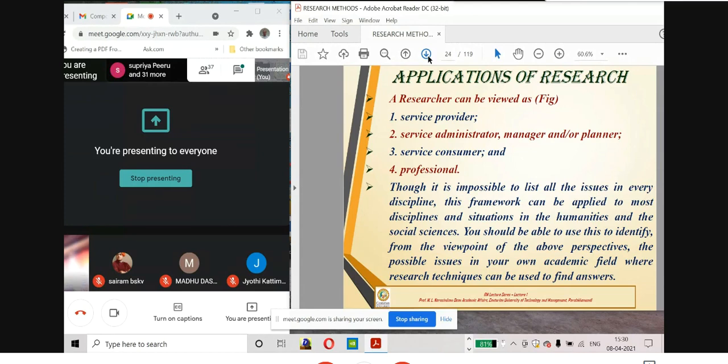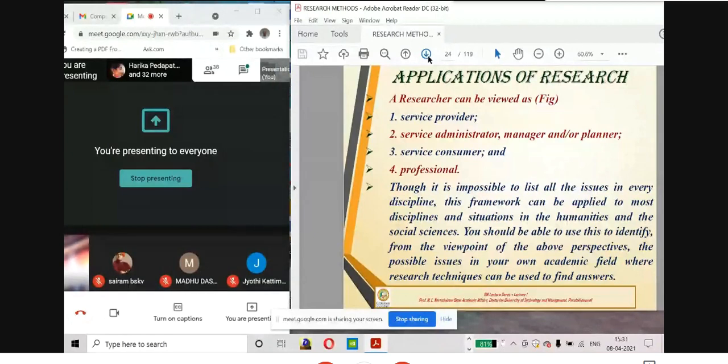Suppose you are working in an organization. The organization will have some problems, and they have hired you. Or an industry or institution will look forward to how best you can provide an administrative solution, how best you can give a managerial solution, and how best you can plan a particular thing.